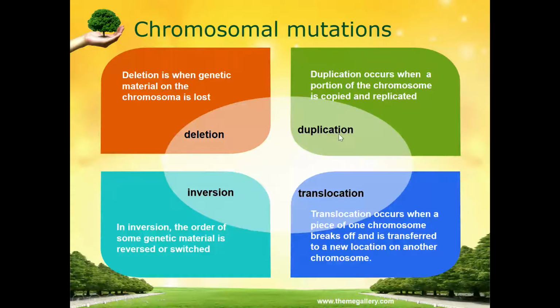Duplication occurs when a portion of the chromosome is copied and replicated so that there is extra information. In inversion, the order of some genetic material is reversed or switched. Translocation occurs when a piece of one chromosome breaks off and is transferred to a new location on another chromosome.